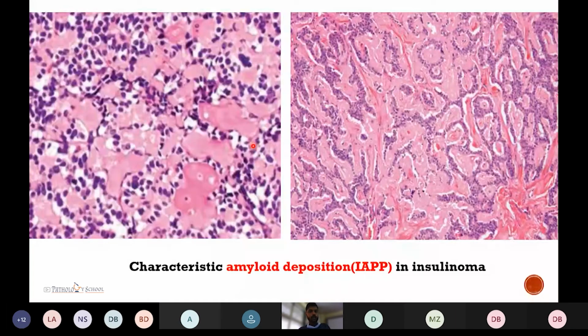There is characteristic amyloid deposition, not just in insulinoma, but in all other variants. You can see the deposition of eosinophilic amyloid between the tumor cells. IAPP is islet amyloid polypeptide, which is secreted by the beta cells along with insulin. In this picture also, you can appreciate the amyloid deposition.